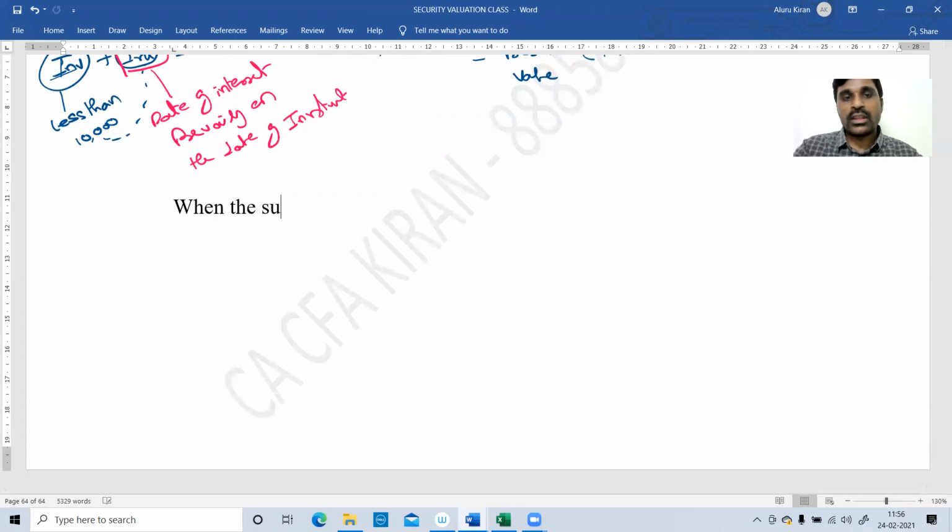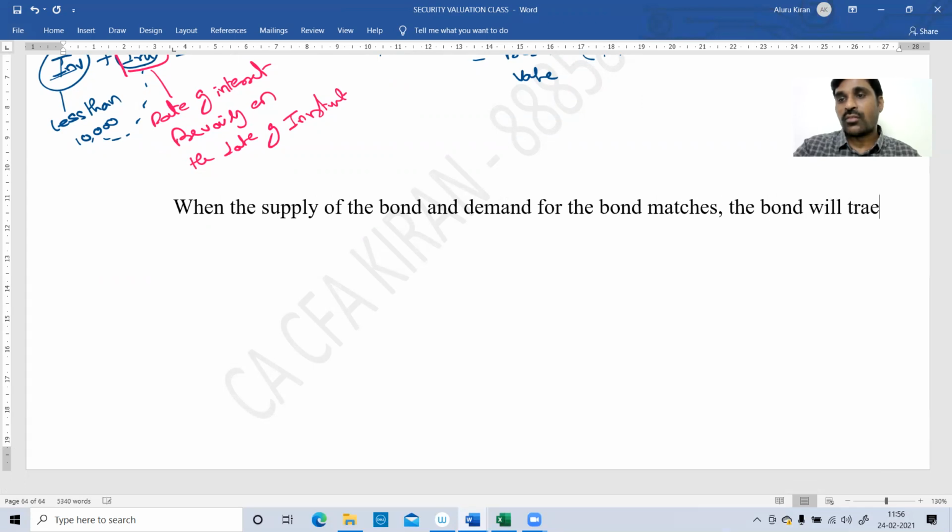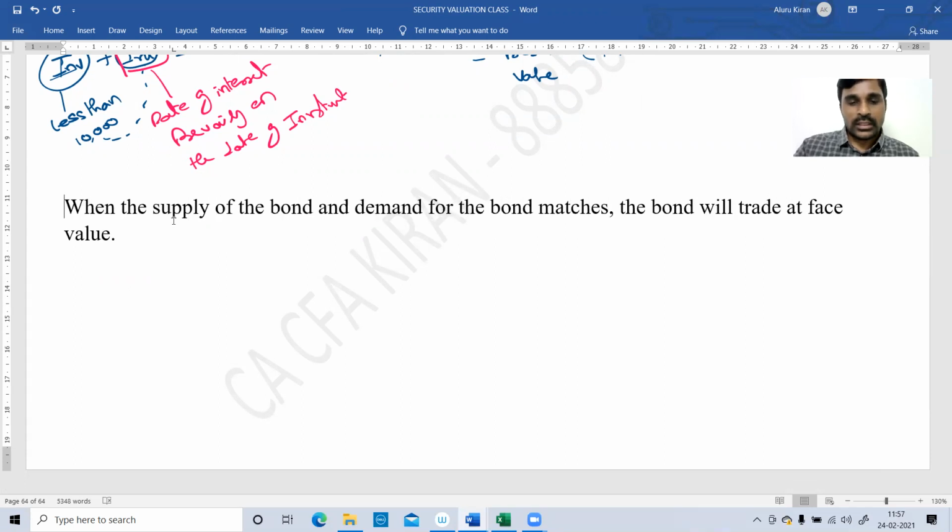When the supply of the bond and the demand for the bond match, the bond will trade at face value. This is the first point.